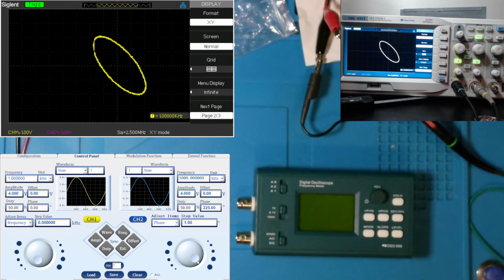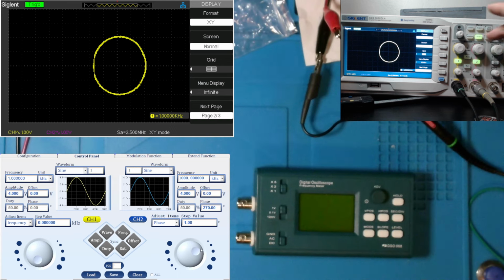We are back to an oval on a downward slope, but our signals have kind of flipped, if you could think about it like that. But now let's go up to 270. All right, we're back to a circle at 270 degrees out of phase.